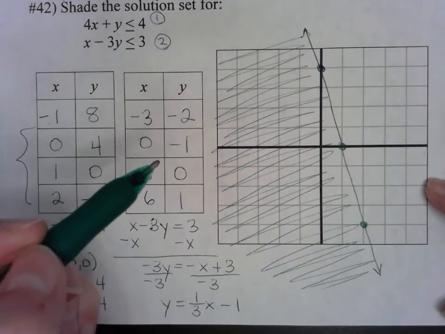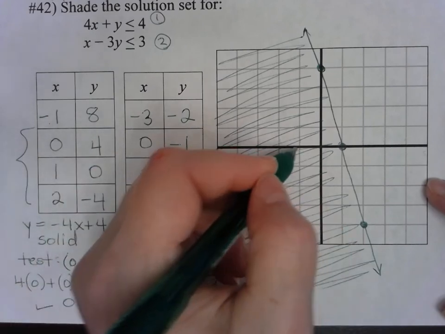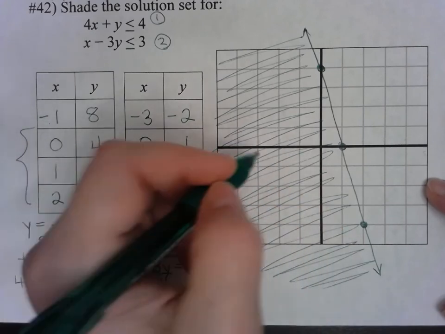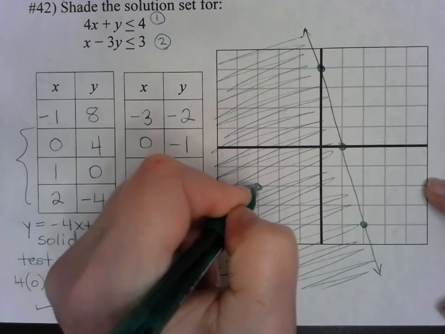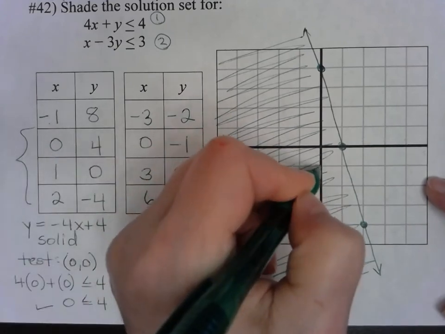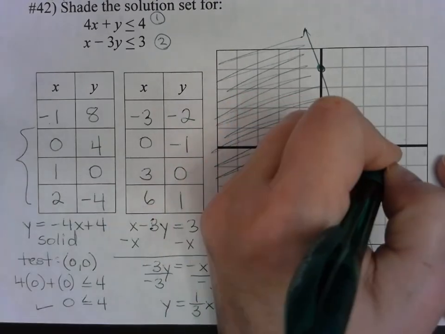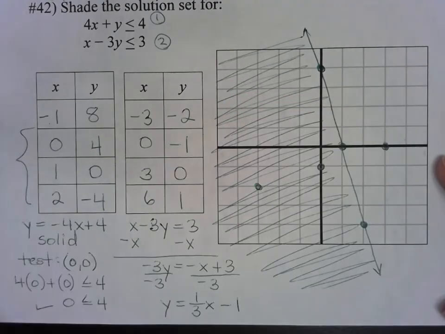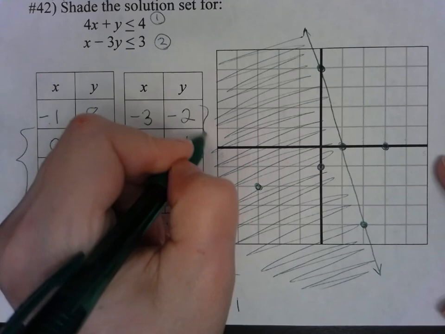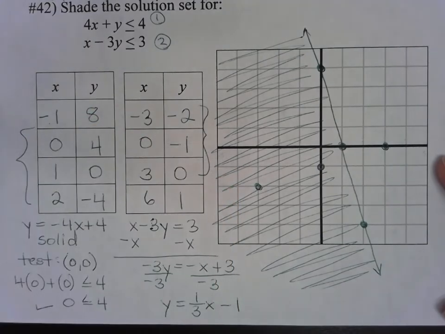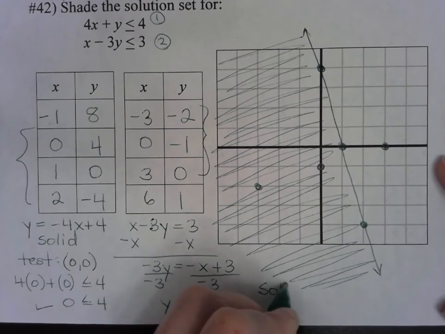So we have negative 3, negative 2, 0, negative 1, 3, 0, and then this one's actually off the grid, so we'll just stick with these three. Solid or dotted? Solid.